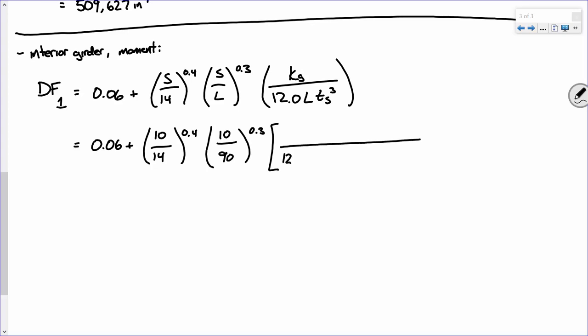On the bottom, 12, 90, 8 cubed, and then, what was it, 509,627. And I'm being a little loose with the units on this because, once you've delineated all your variables in the appropriate units, it all gets washed out. So as long as I know I've got my input correct, I'm good to go.